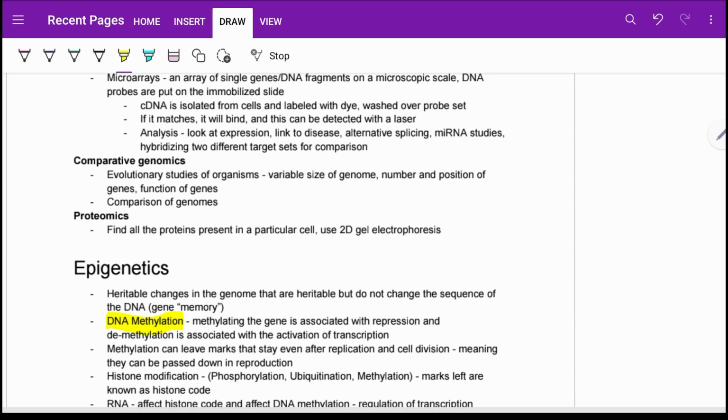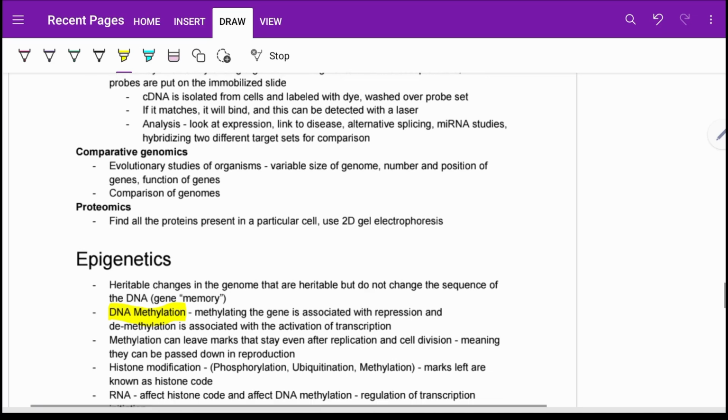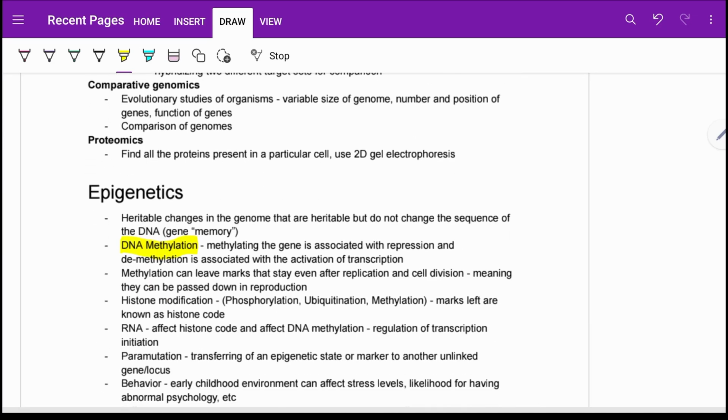And again, going back to homologous genes, we can trace back where genes originated from and how they've evolved since then. And then there's also the idea of proteomics, which is basically finding all the proteins present in a particular cell and studying these proteins, and we can do a 2D gel electrophoresis to look at those proteins. So yeah.